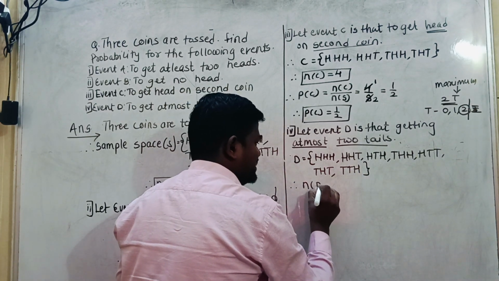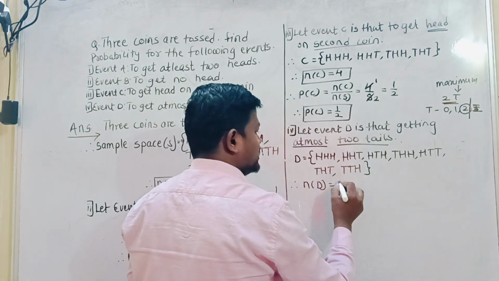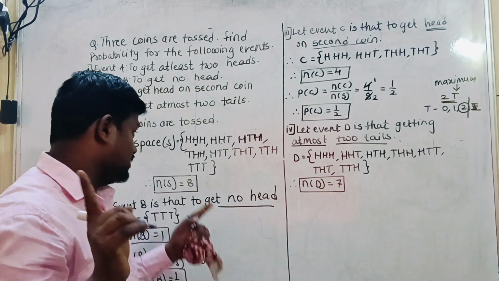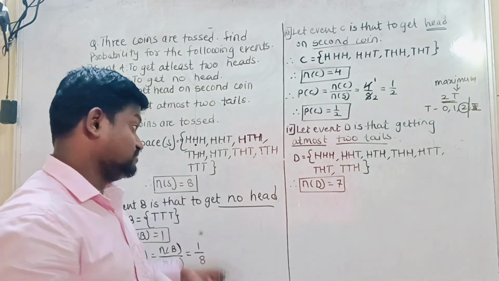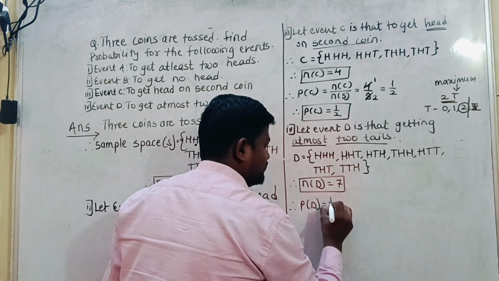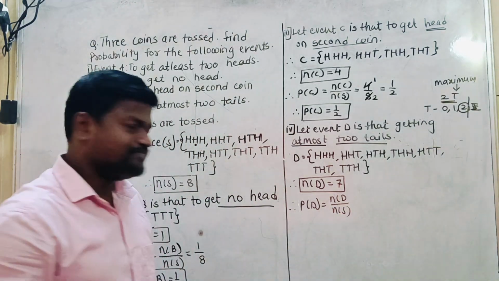Write down the number of D. Count them: 1, 2, 3, 4, 5, 6, 7. So we exclude only one sample point, that is T, T, T. Find the probability for the D event. For this we first write down the formula.